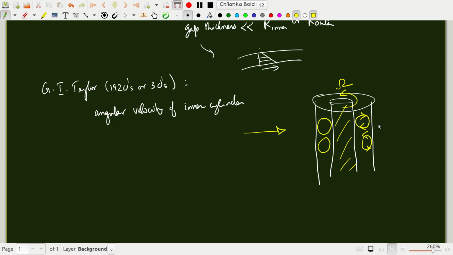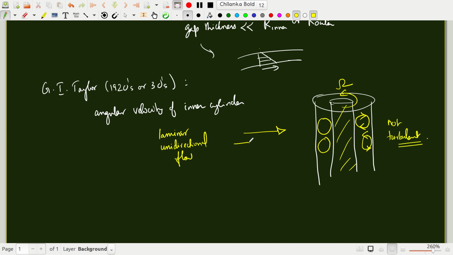These are not turbulent. This flow is not turbulent, whatever follows the transition. Okay, there is a laminar unidirectional flow in the azimuthal direction to a time periodic flow. Okay, but it is still not very complex. It's not turbulent, but it is certainly more complex compared to the basic laminar flow.